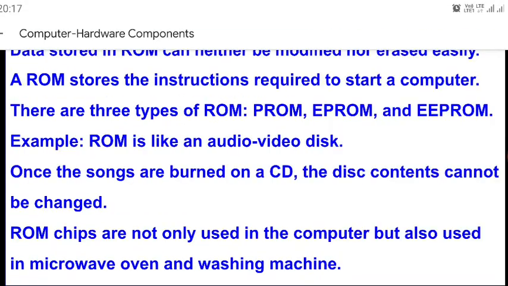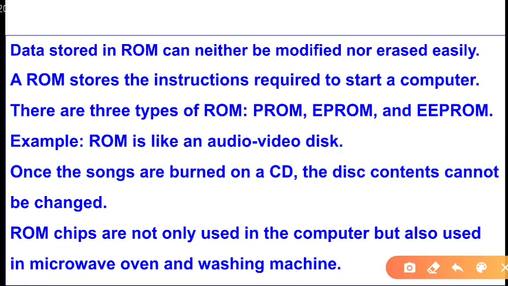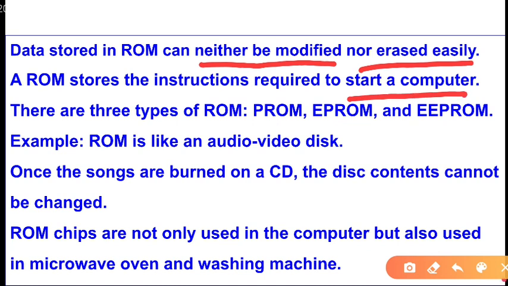Okay, students? Data stored in ROM can neither be modified nor erased easily. A ROM stores instructions required to start a computer. Now see students, you might have switched on your computer. Every time you switch on your computer, you see the same instructions shown.